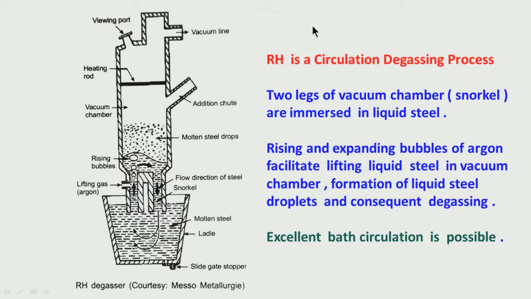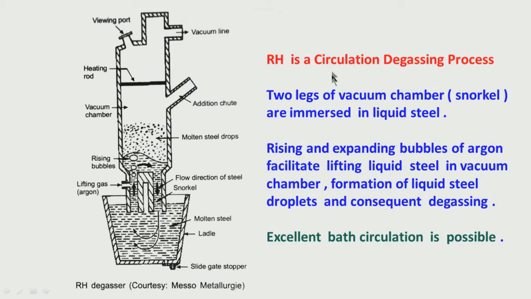So, what it does, this is very interesting, this is somewhat different from the other degassing processes. I have told you there may be VD, that means vacuum degassing, there may be a VAD process, that means vacuum arc degassing, where along with degassing you can create arcing, that means you can increase the temperature. Here we call it RH degasser. So, how are we doing degassing?